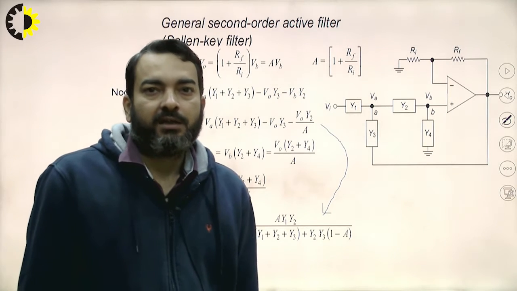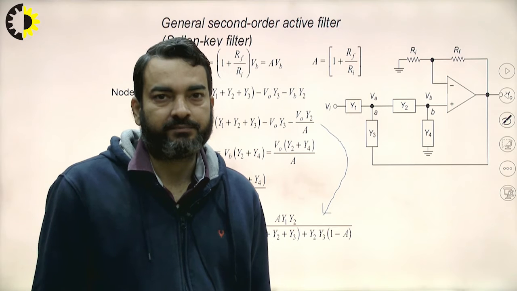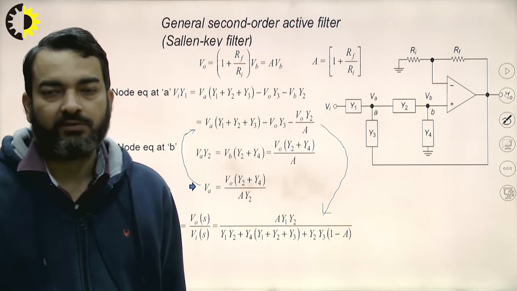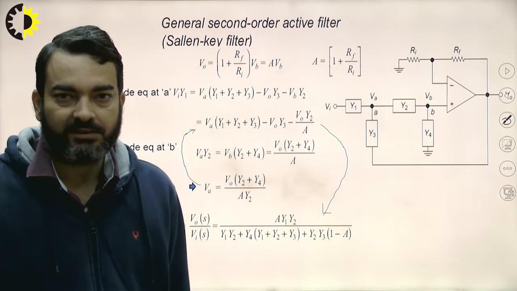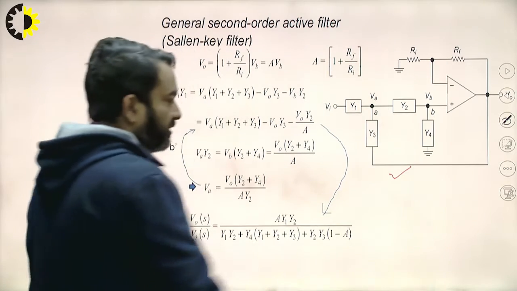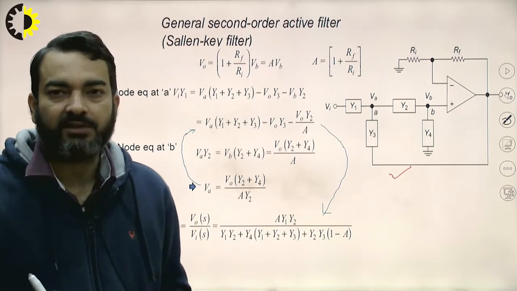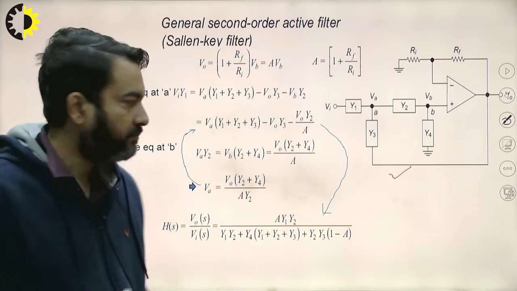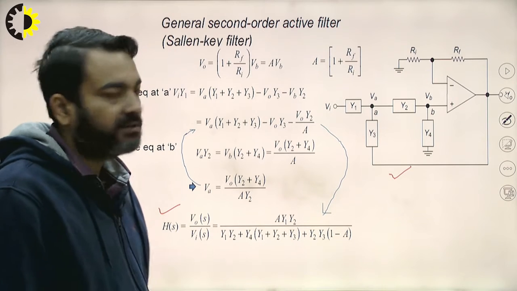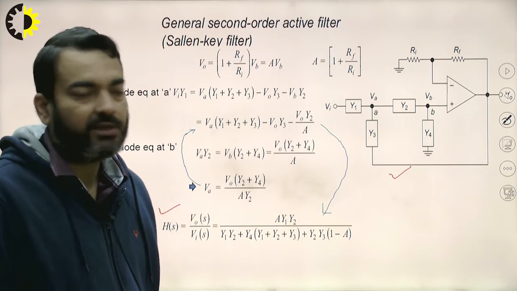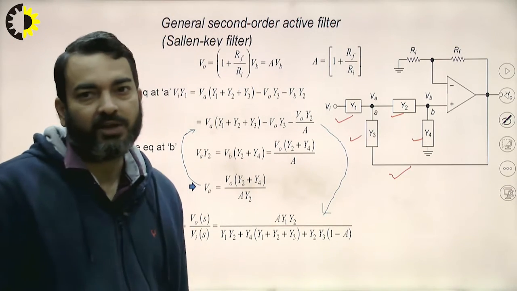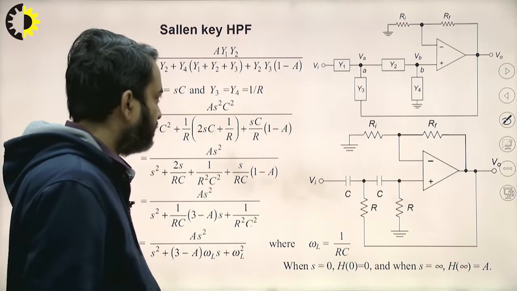Now we will see the high pass filter. Again we will have a second order high pass filter, and again we will take the help of the Sallen-Key structure. We have already seen this particular structure. Simply we have to replace the component values. This is the transfer function of this standard circuit, and now we select particular component values to get the high pass variant of Sallen-Key.